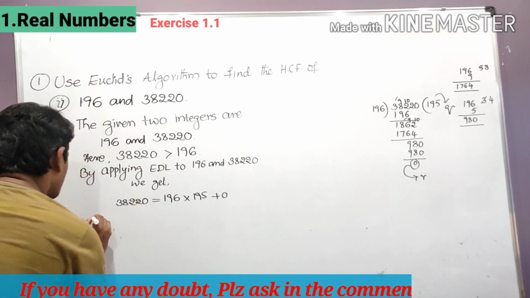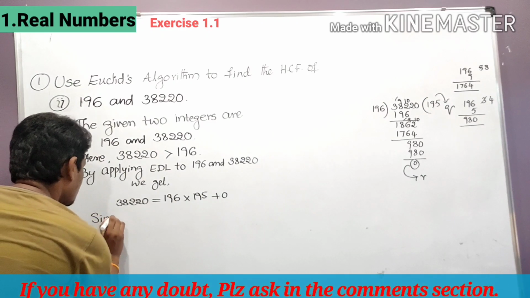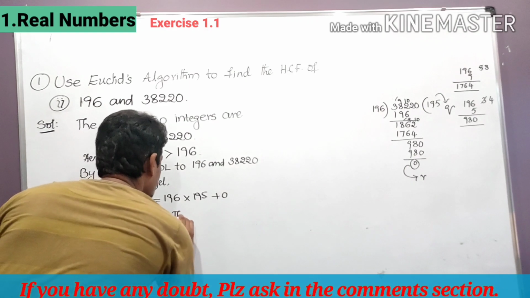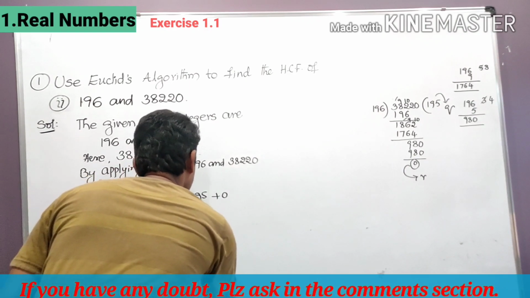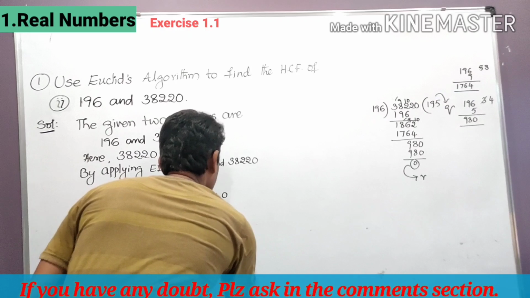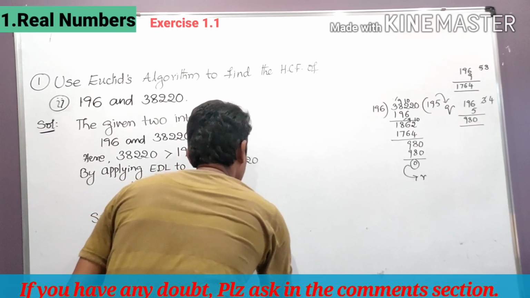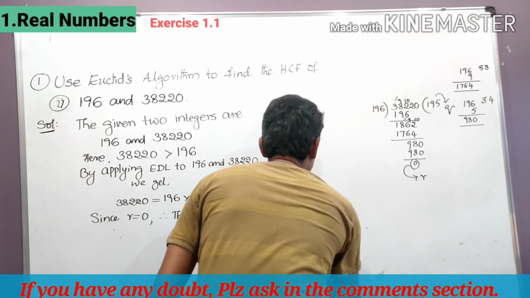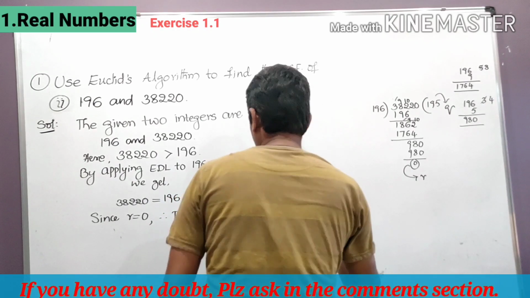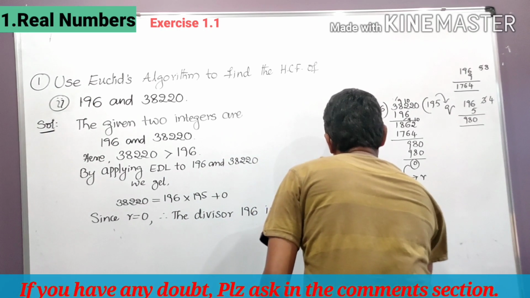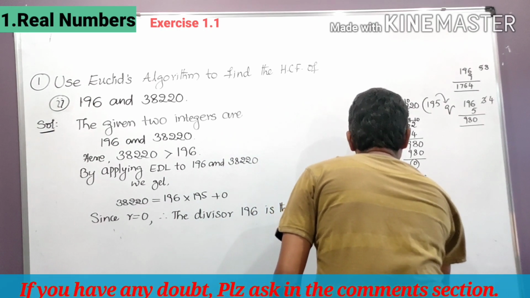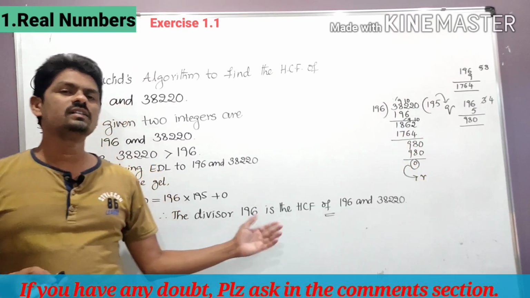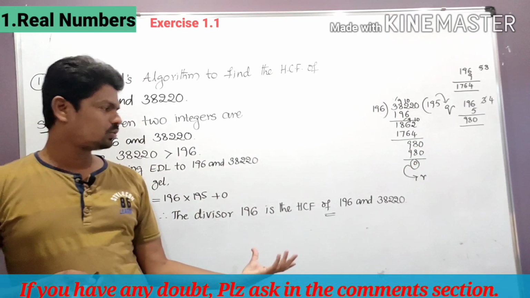Since R is equal to 0, therefore the divisor 196 is the HCF of 196 and 38,220. So very easy, student. 196 is the HCF of given two positive integers.